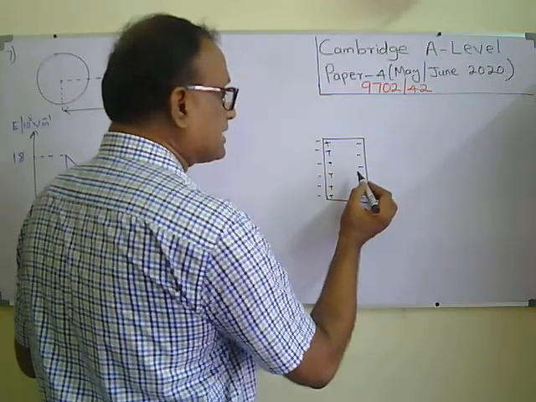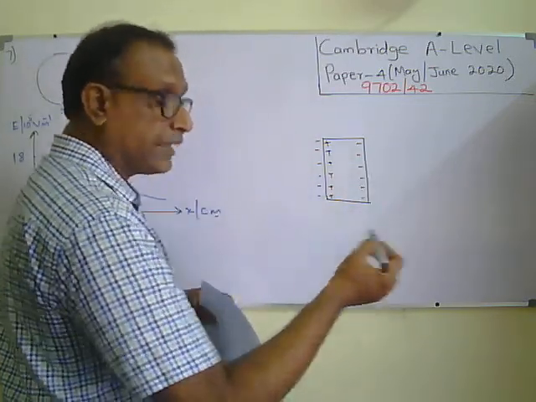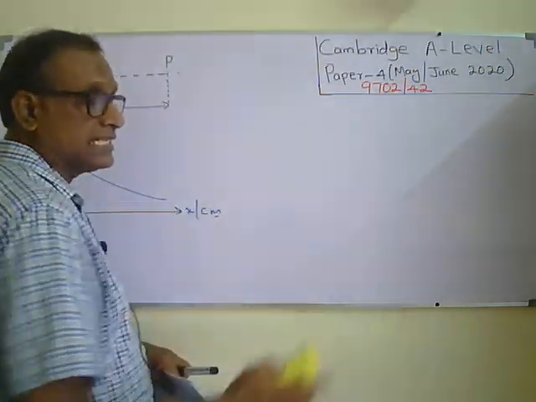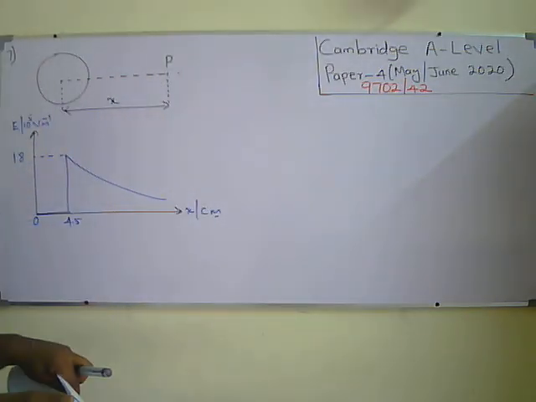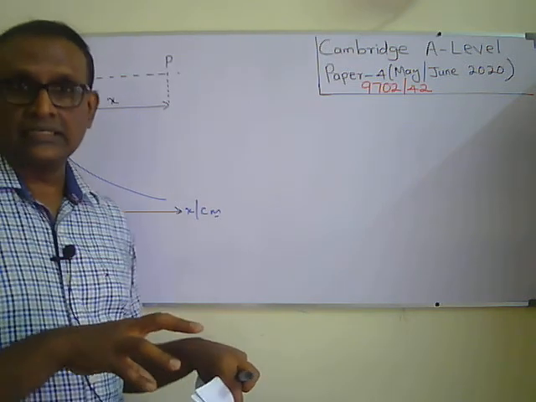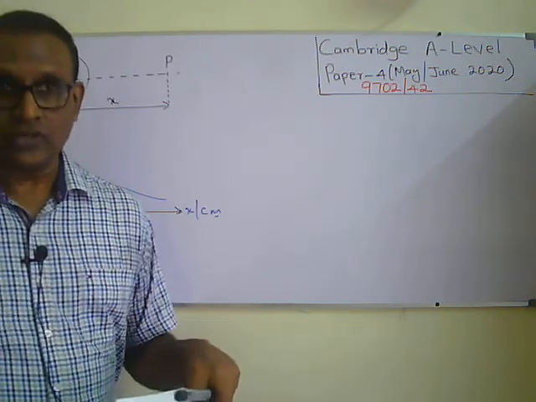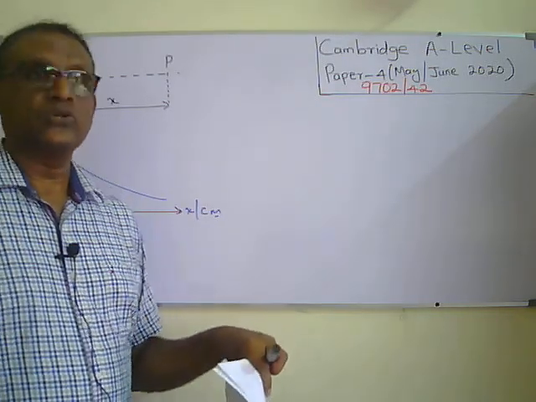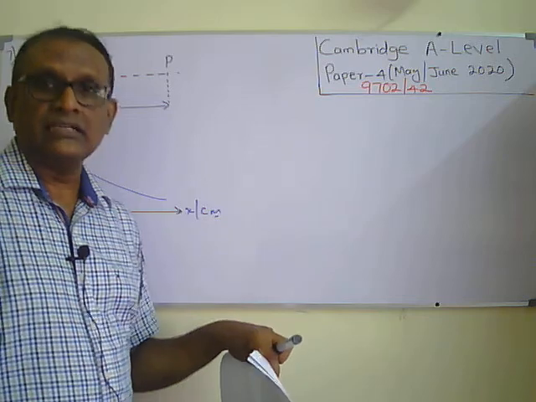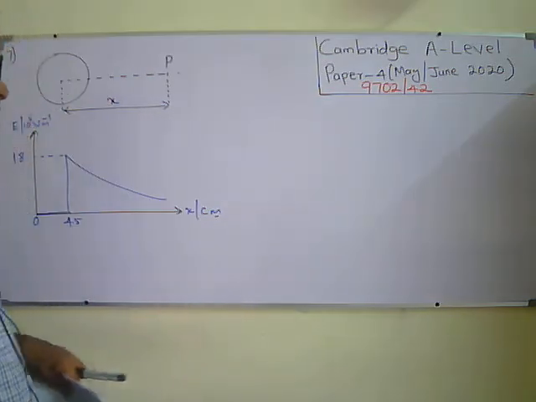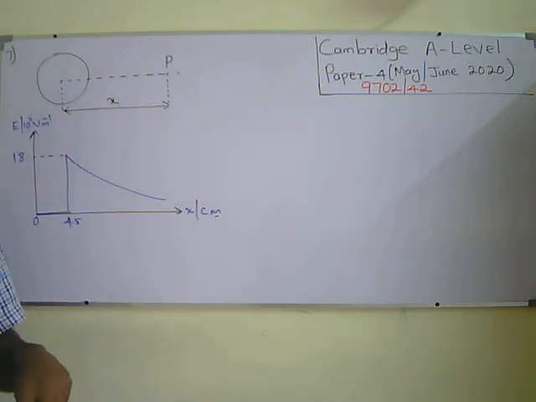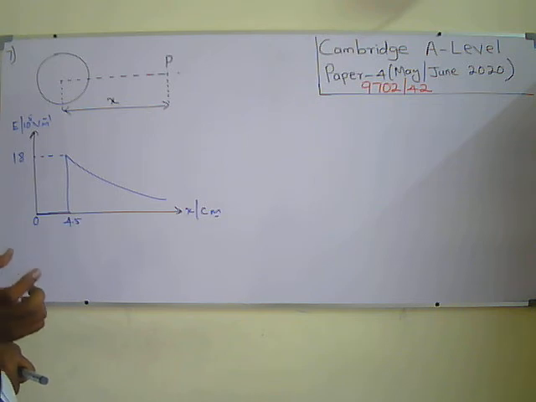So inside, it will produce an opposite type of electric field to cancel the electric field inside the metal. So always inside a metal, the electric field strength will be 0 because an opposite field will be induced inside. That will cancel the external electric field. And also we can say the charges always stay on the outer surface of the metal sphere. So inside, the electric field strength is 0.